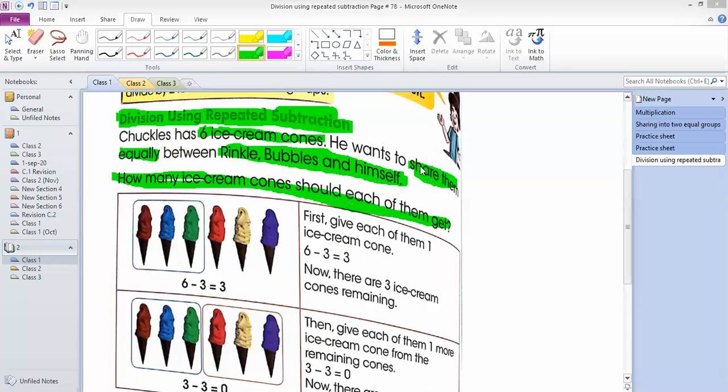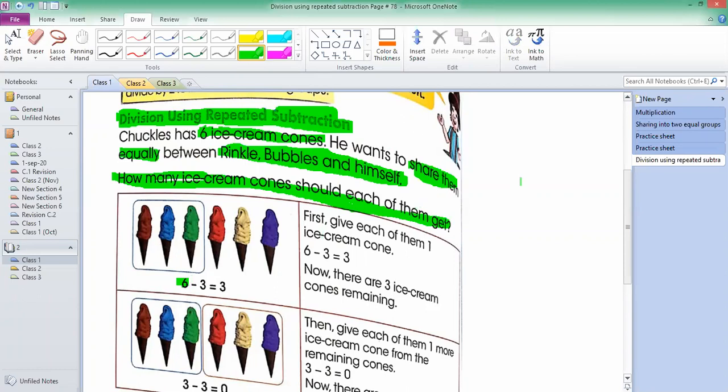What we can do is give each of them one ice cream cone. We will give one ice cream cone to each of them. There are three kids, Wrinkle, Bubble, and Chuckle. If we give one to Wrinkle, one to Bubble, and one to Chuckle, that means 1, 2, 3. That means we will subtract 3 from the total. What is the total here? The total is 6.